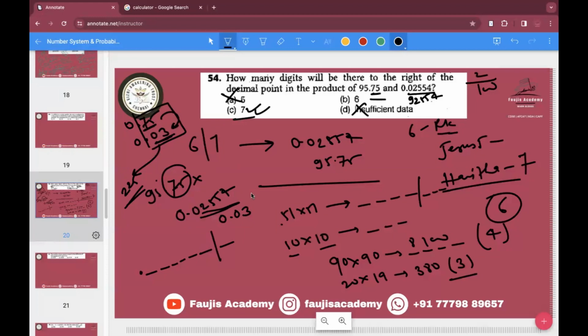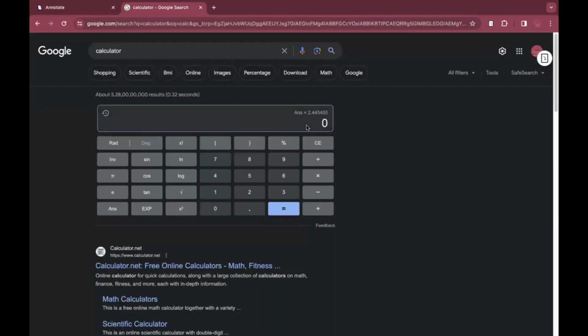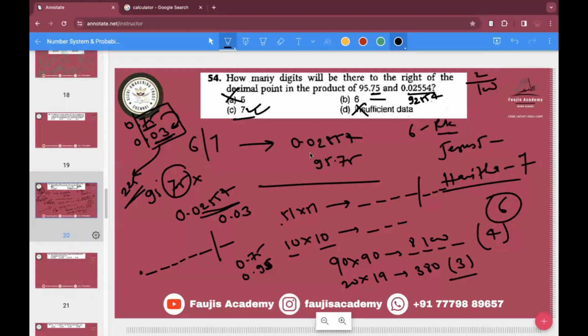Now if this had been 0.75 into 0.90, let's keep it as 95. 75 into 95, how much is that? It's a 4-digit number. Since this value is so small, it will not help in increasing the number of digits from 6 to 7. It will essentially remain 6 only.